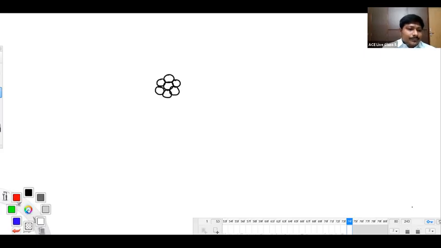These are steel, so total 7 strands of steel. Before keeping aluminum on this, I'm maintaining some gap. After keeping that gap, I will draw some circular shape first, so that I will show the strands also. Like this we have.